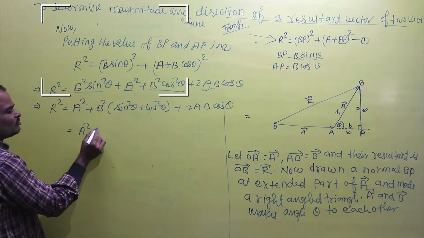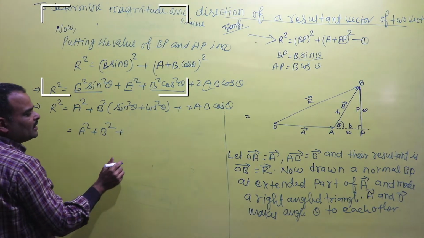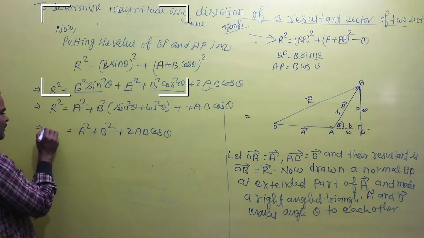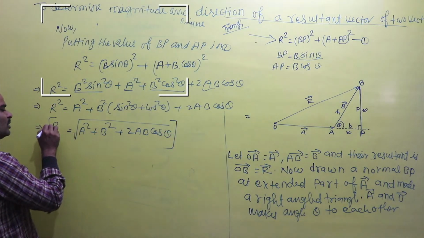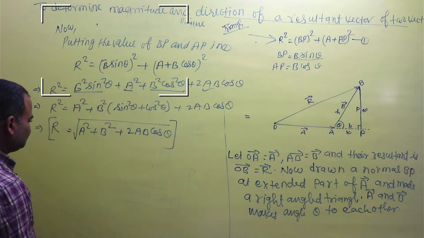Already you know that sin square theta plus cos square theta is 1. So R will be equal to under root A square plus B square plus 2AB cos theta.